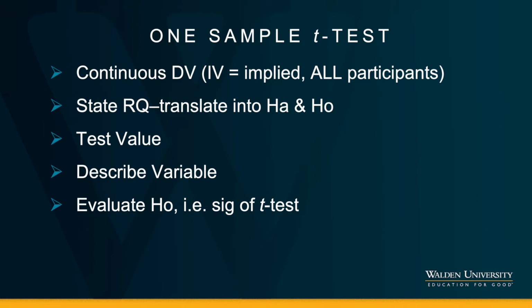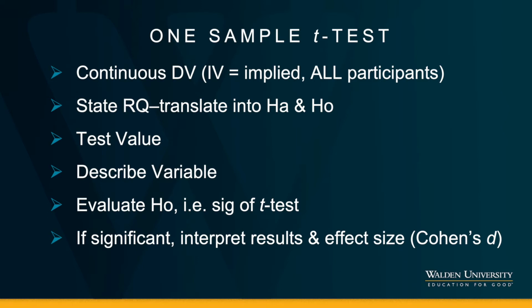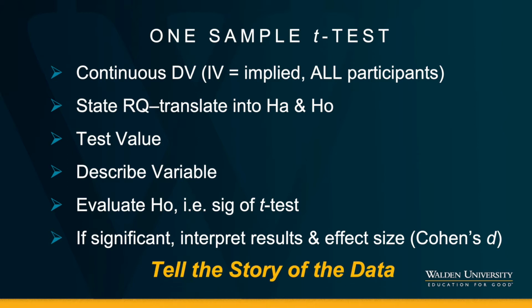If we find significance, we will interpret these results and also the effect size to assess meaningfulness. The effect size for a t-test is called Cohen's d. Of course, we will venture into the area of social change in our interpretation and certainly tell the story of the data.